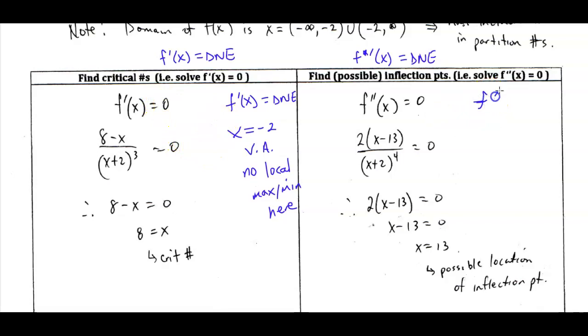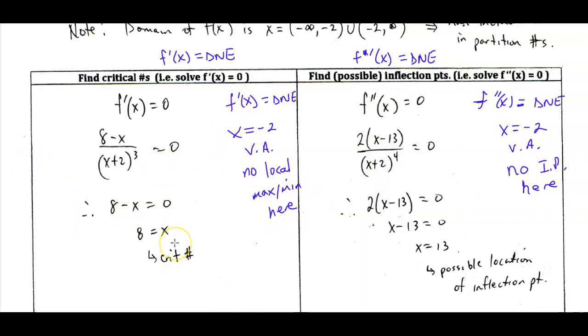If I look at the second derivative and try to figure out where that does not exist, again, that's going to be at x equals -2 because we have a vertical asymptote there, and there'll be no inflection point here, okay? So I didn't write it in here because we knew there was a vertical asymptote there, but if we're going to be formal about it, we do need to at least recognize it, okay?